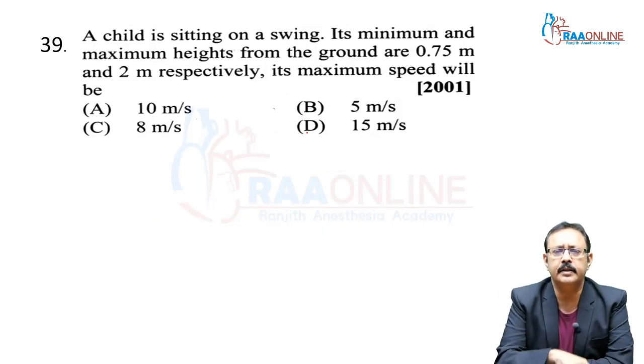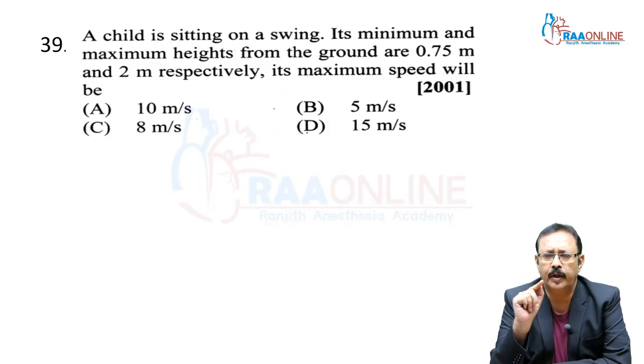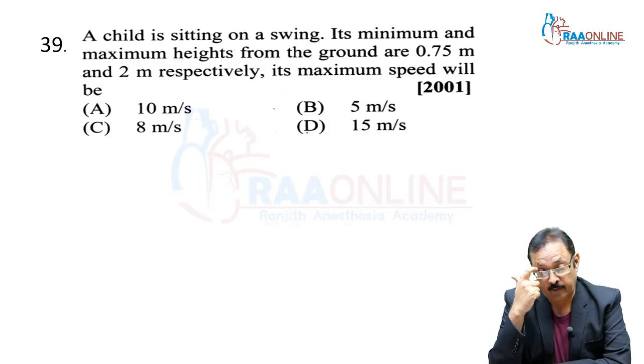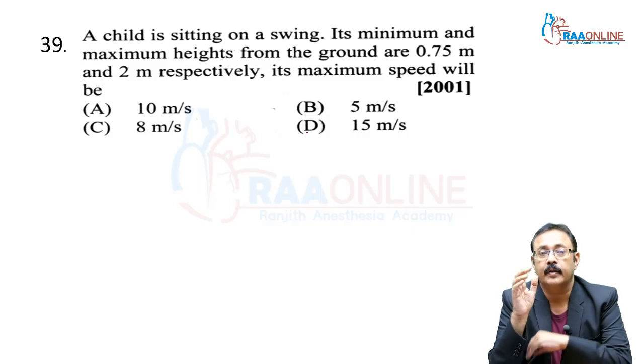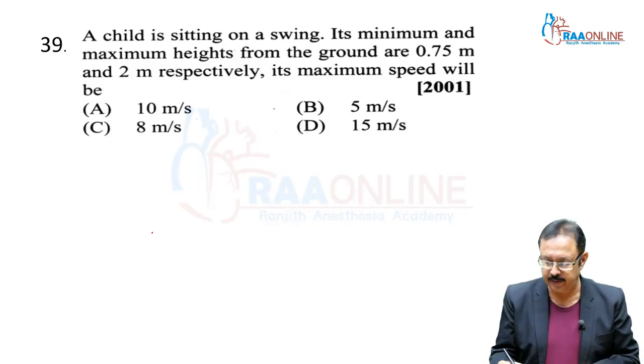A child is sitting on a swing. Its minimum and maximum heights from the ground are 0.75 meter and 2 meter respectively. Its maximum speed will be. We know that its height from the ground, it is a swing.